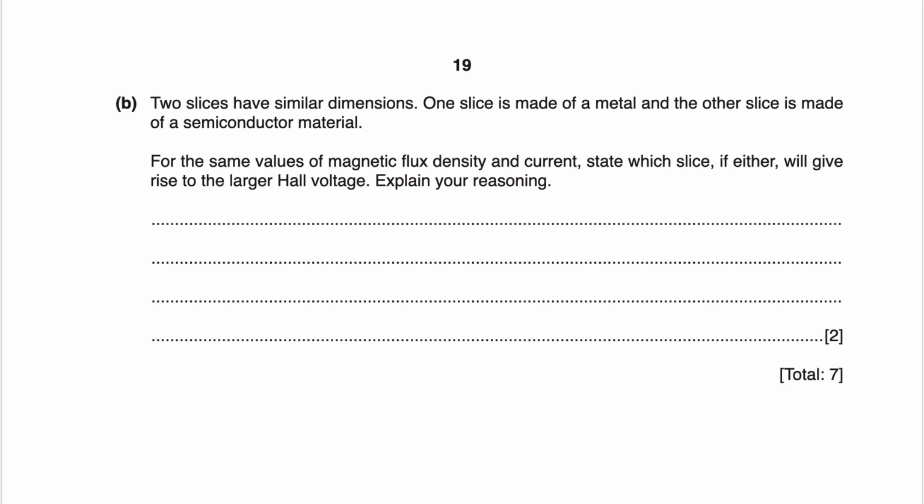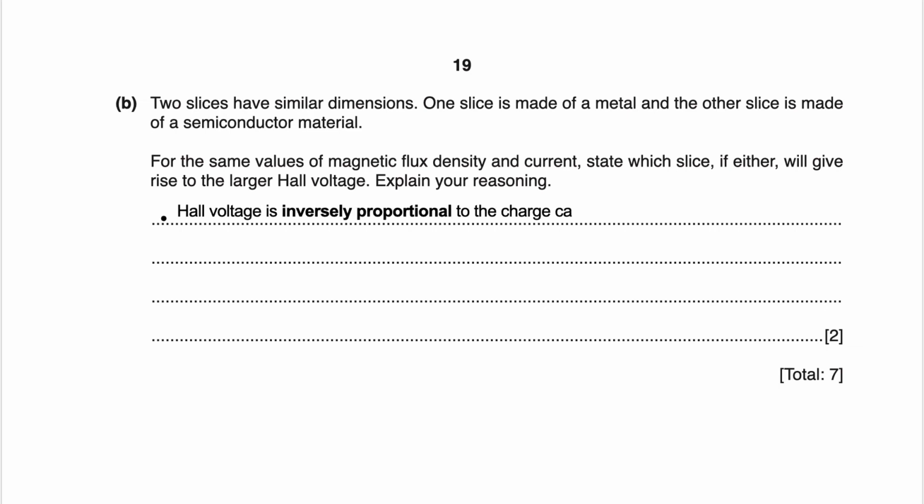So we have to know how many charge carriers will be in the semiconductor, how many in the metal, and how Hall voltage is related to the number of charge carriers. Why are we mentioning charge carriers? Because these are the difference between a metal and a semiconductor.